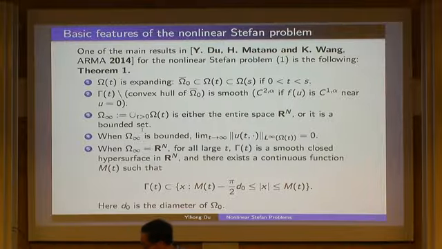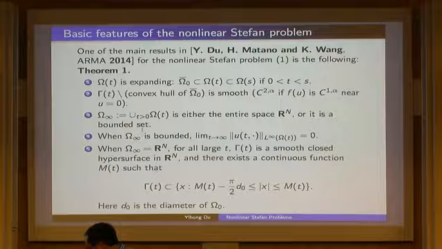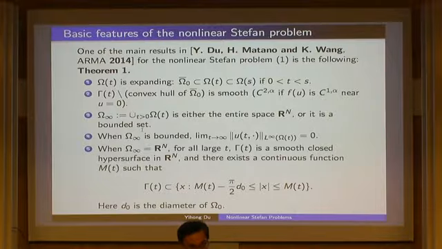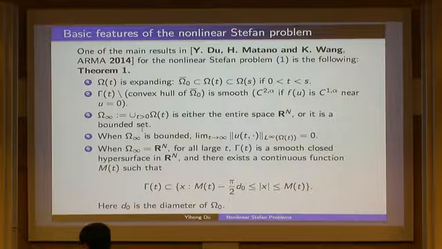And you might have a particular time such that these narrow bits touch each other, and after that time they separate. So if omega 0 is what I draw, you cannot guarantee smoothness of the free boundary all the time. Singularity can happen, even if omega 0 has a very smooth boundary. But in any case, the part outside of the convex hull of omega 0 is always smooth.